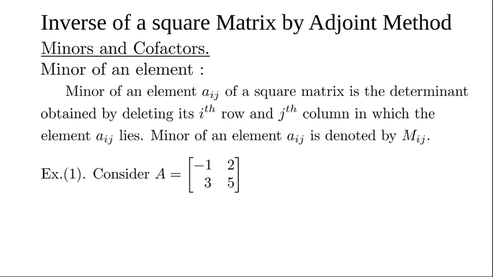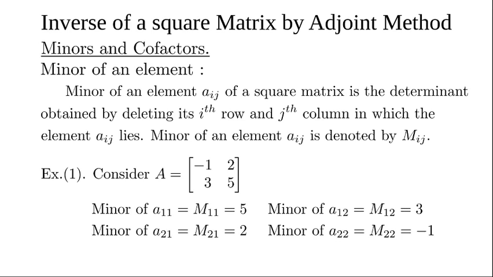For example, consider A as the matrix with rows minus 1, 2 and 3, 5. Then its minors are as follows. Minor of A11 is 5, minor of A12 is 3, minor of A21, second row first column, is 2, and the minor of A22 is minus 1.